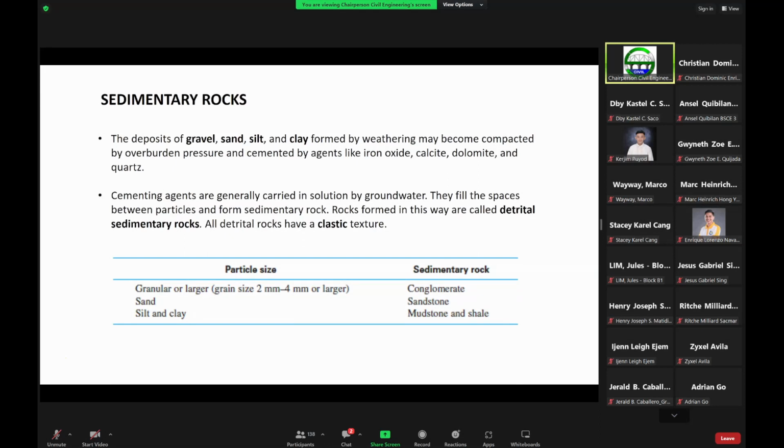So cementing agents are generally carried in solution by groundwater, and so they fill the spaces between the particles, and they form sedimentary rocks. Rocks formed in this way are called detrital sedimentary rocks. All detrital rocks have a clastic texture, which means composed of grains. When you say clastic, they're composed of grain materials.